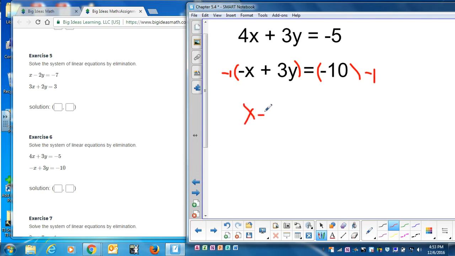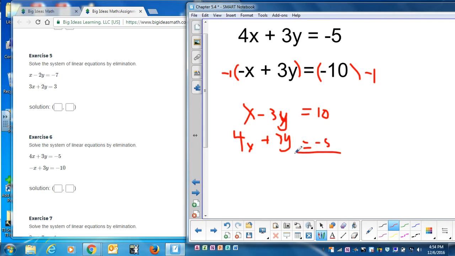So x minus 3y equals negative 10 times negative 1 is positive 10. Okay, and then I rewrite this equation underneath. 4x plus 3y equals negative 5.